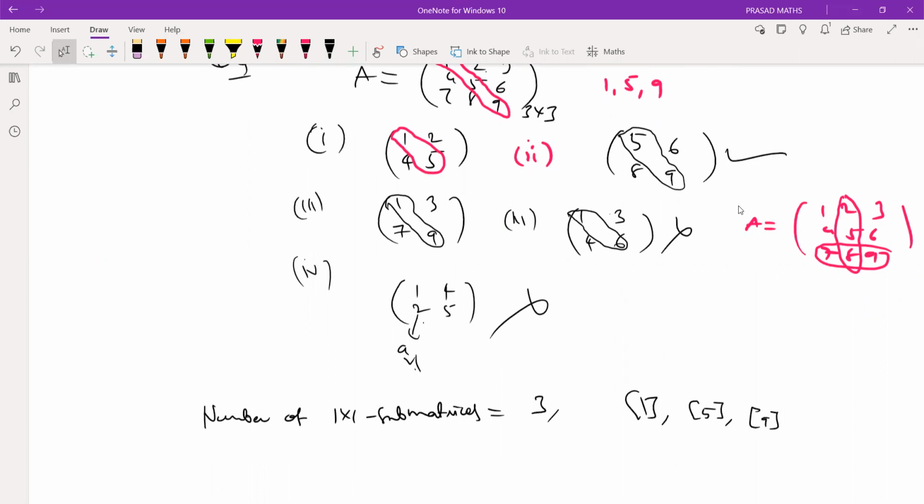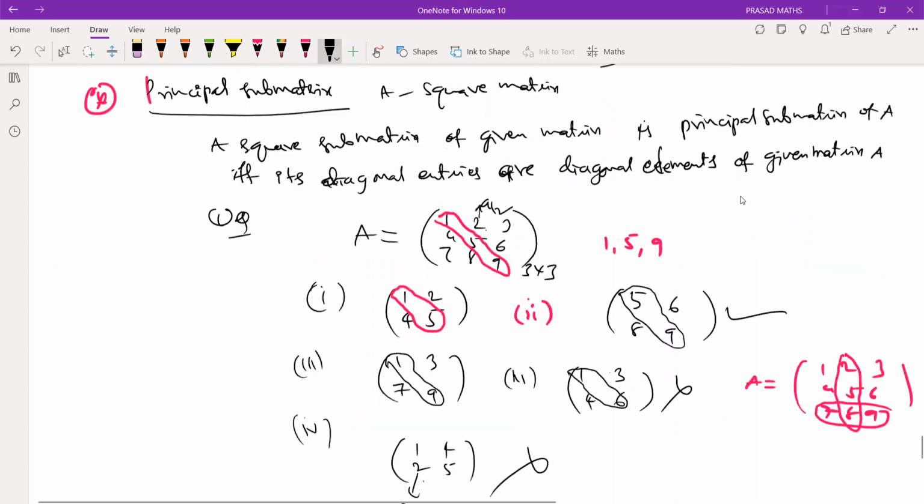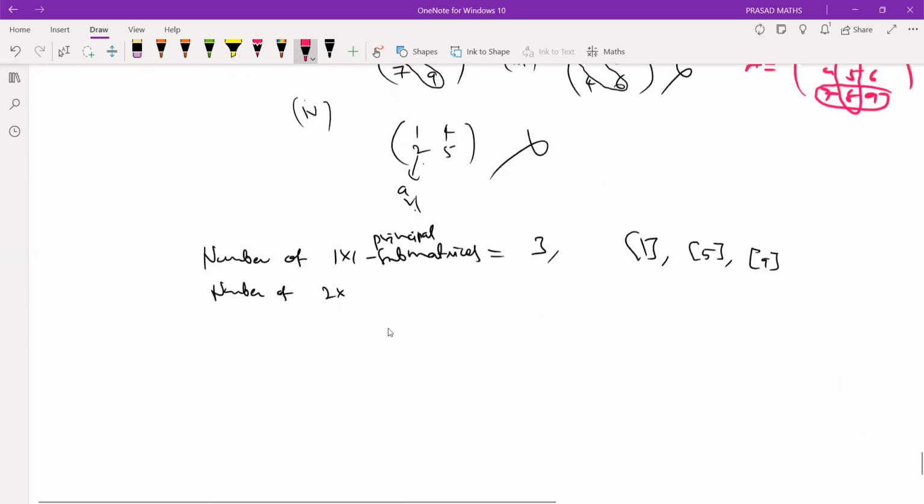Is there any 1 by 2 principal submatrix? No, right? Principal means it should be square. According to the definition, when you talk about principal, it should be a square submatrix. So there is no 1 by 2 or 2 by 1 principal submatrix. So the only thing left is the number of 2 by 2 principal submatrices. Tell me, what is it?